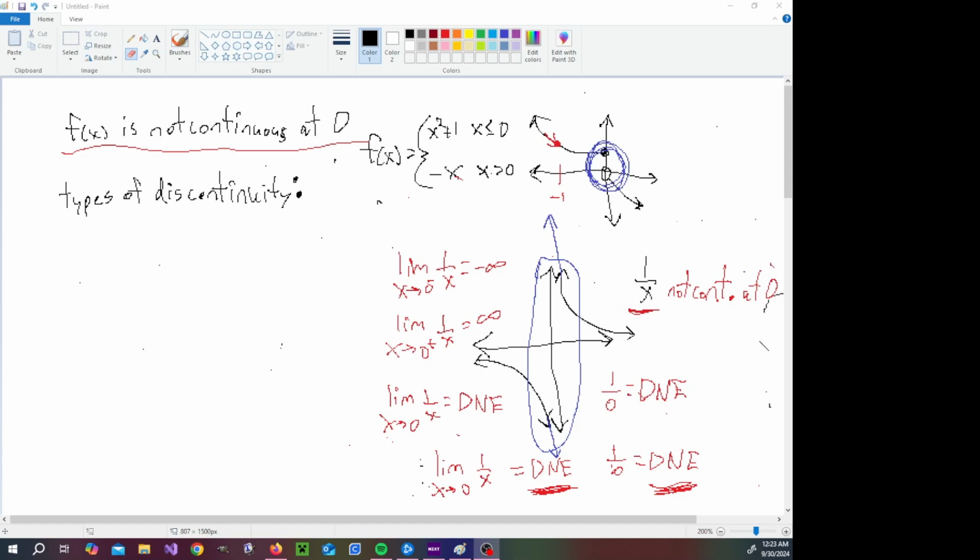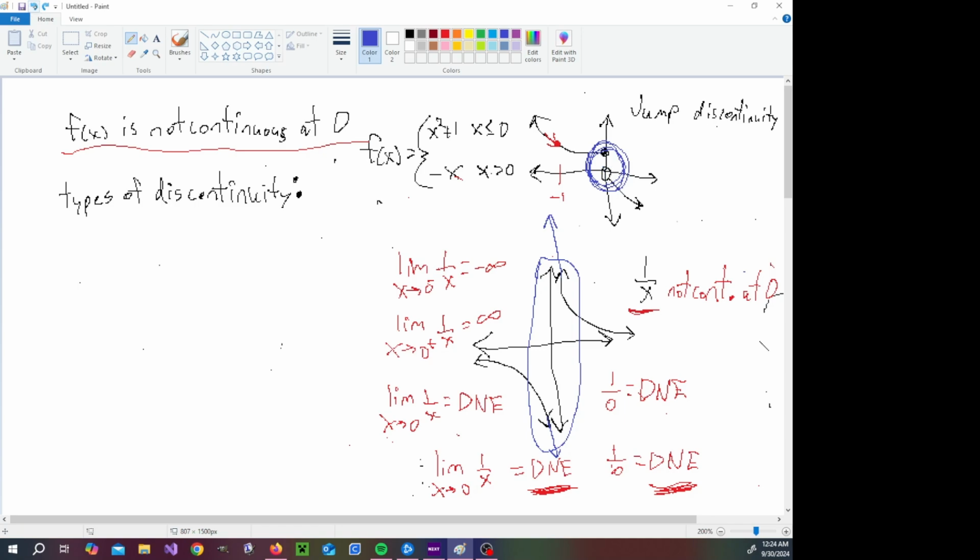So with this function here, this is actually what we call jump discontinuity. Oh, my handwriting looks horrible and I misspelled it. Jump discontinuity, right? Because the function jumps from one value to the other.